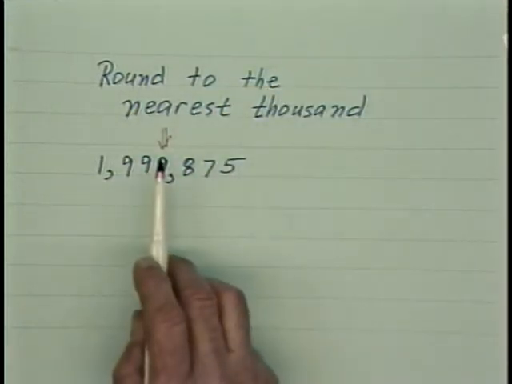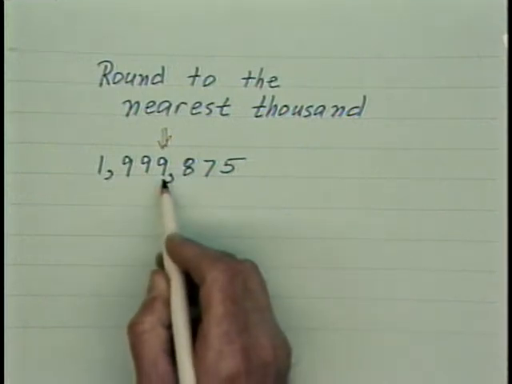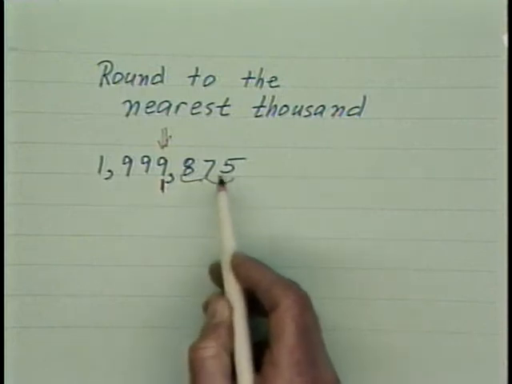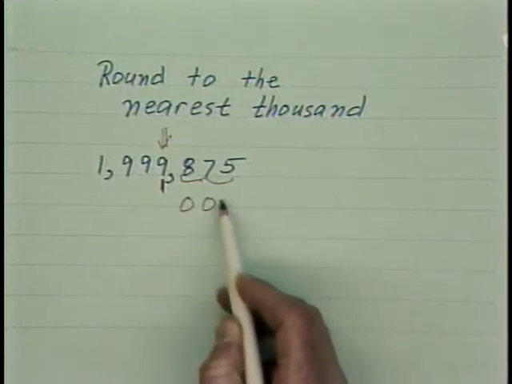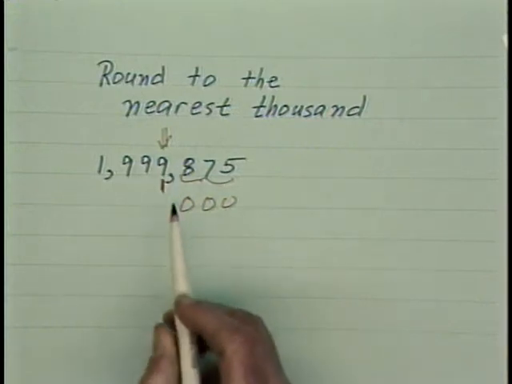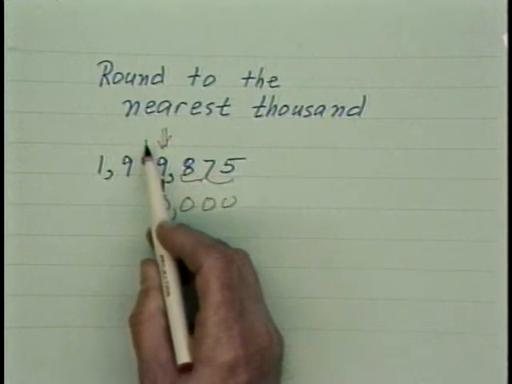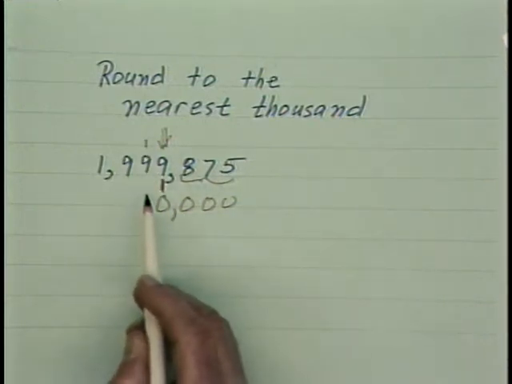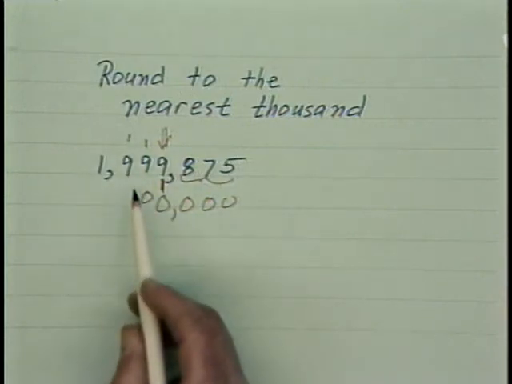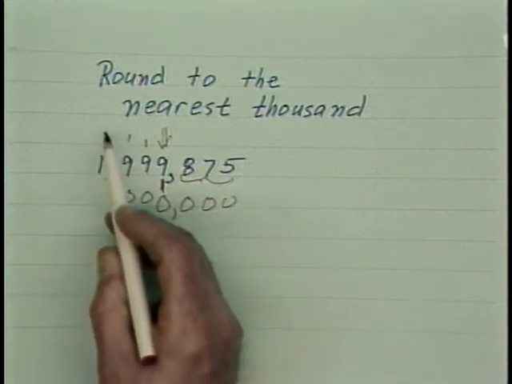We look at the digit just to its right, which is 5 or more, so we wish to round, add 1 to this digit, and these will be replaced by zeros. But see, if I add 1 to 9, that forces me to get 10, which is 0, carry the 1. But that forces me to another 10, which is 0, carry the 1. That forces me to another 10, which is 0, carry the 1.